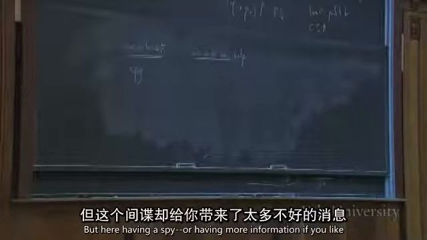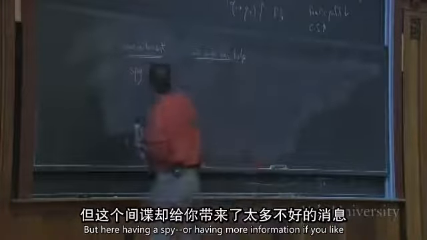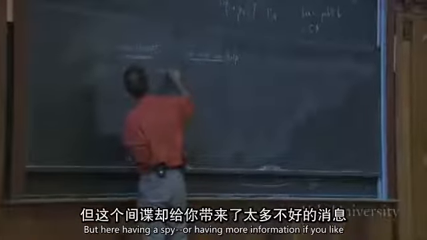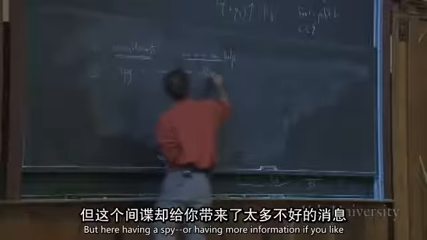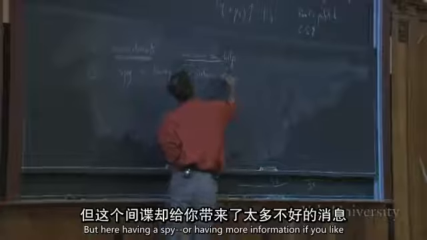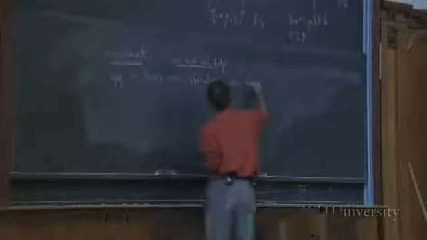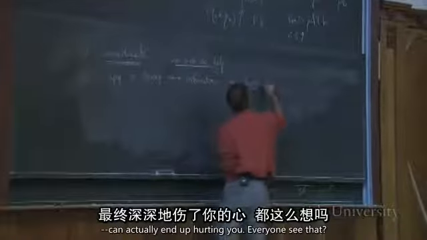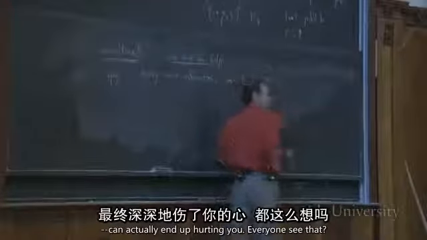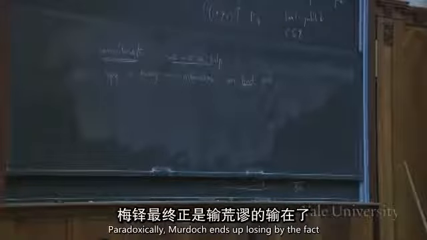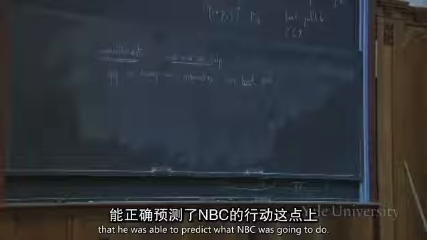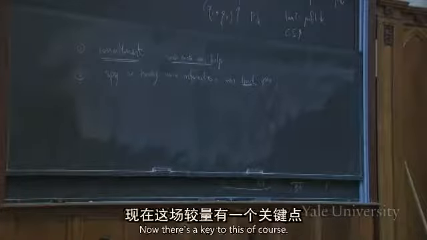But here, having a spy, or having more information, if you like, can actually end up hurting you. Right, everyone see that? Paradoxically, Murdoch ends up losing by the fact that he was able to predict what NBC were going to do. Now, there's a key to this, of course.